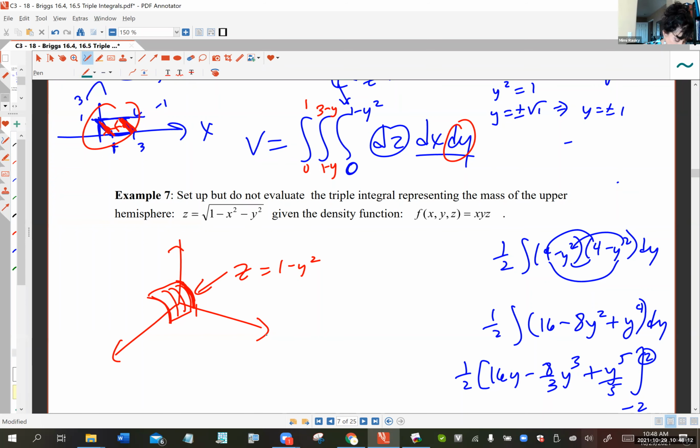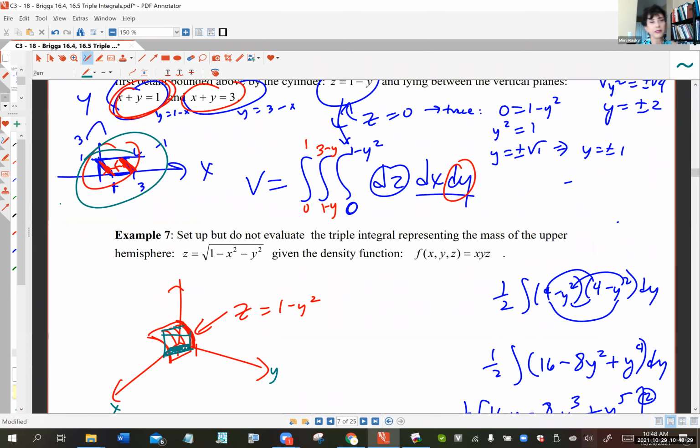Boy, is that not easy. This is the y, this is the x. The base is that little sliver right there. So if you can imagine a solid that's got this curvy thing as the capping surface, and then down below, that little sliver that looks like this as the base, that's the volume that you're trying to find. That's the solid. Pretty weird, huh?